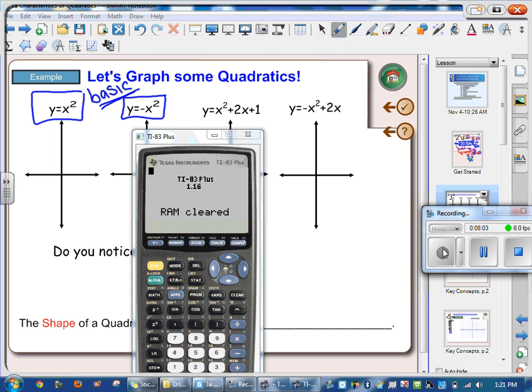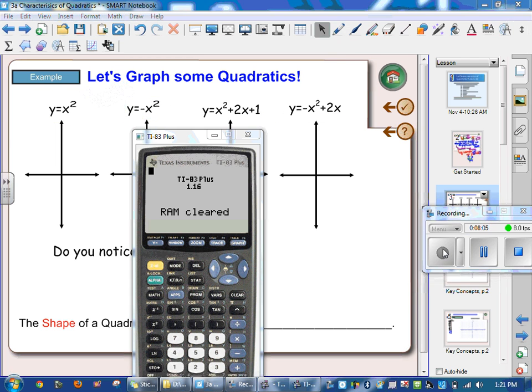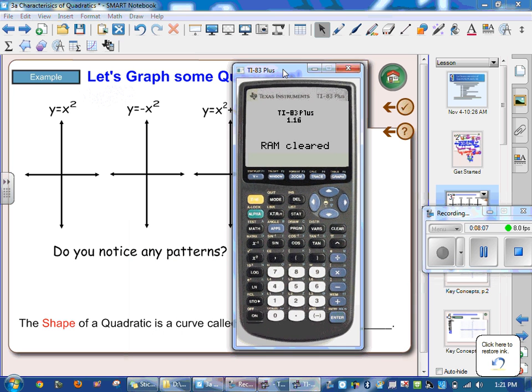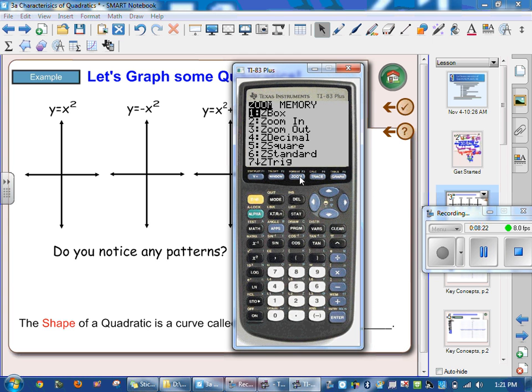I'm going to hit my y equals, and type in x, and then hit this x squared button beside the comma there. That's your x squared. If you have a different window from our last unit, hit zoom 6. Zoom 6 will take you to a 10 by 10 graph. There is your basic equation, and that's what it looks like.